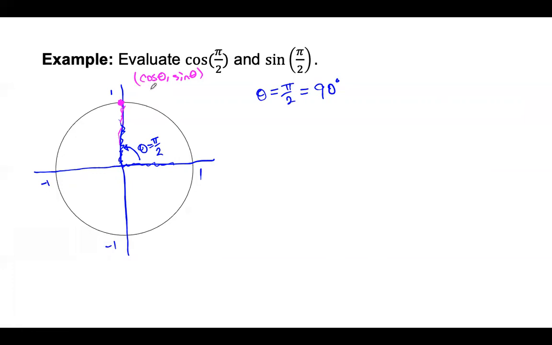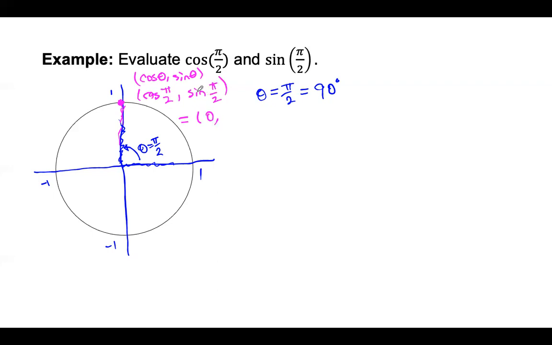Well, what is cos of pi divided by 2 and sine of pi divided by 2? We rotated, almost like an arm rotating up. The first coordinate is our x, so what is our x here on this axis? 0, perfect.